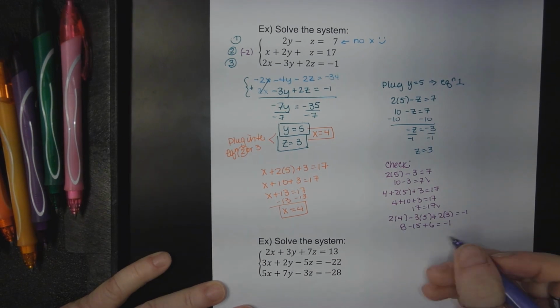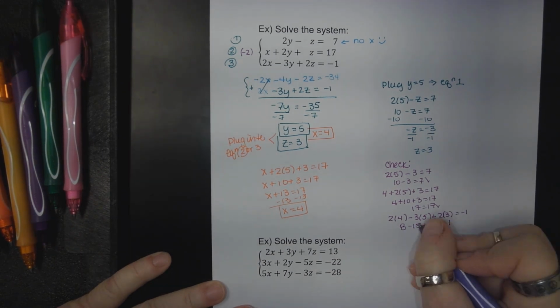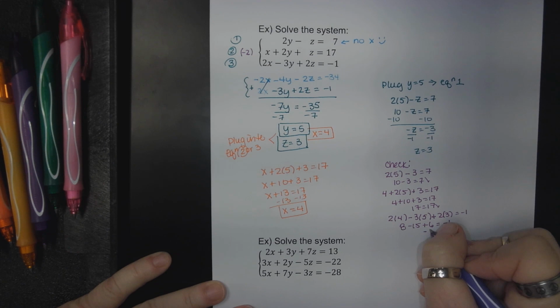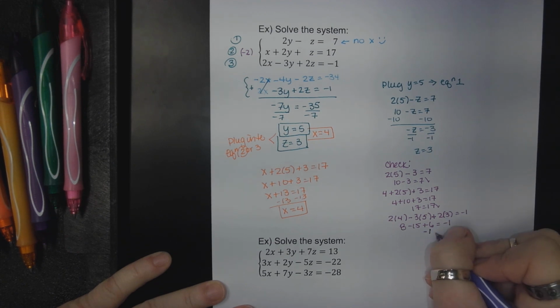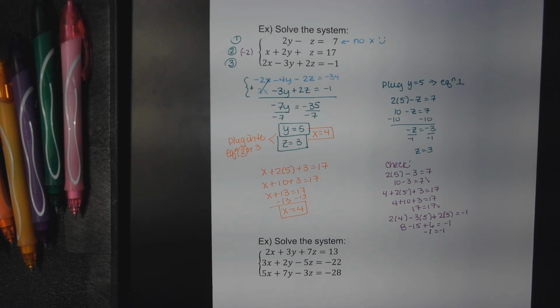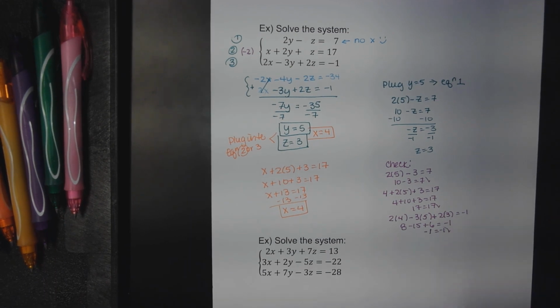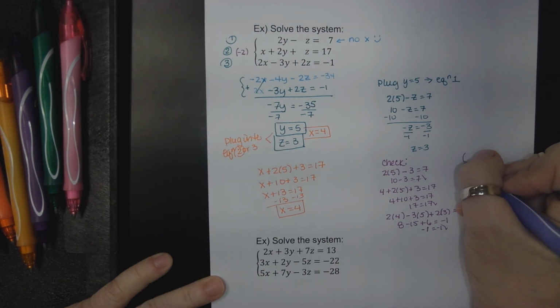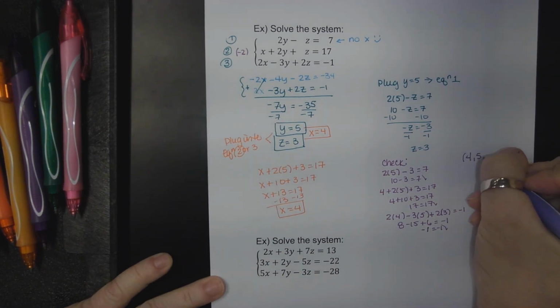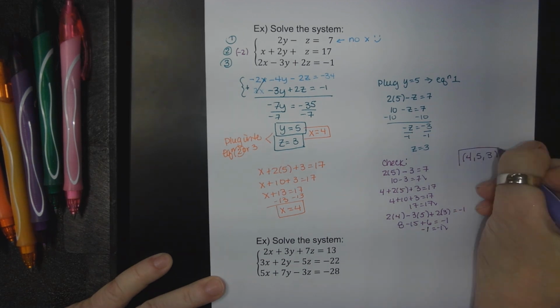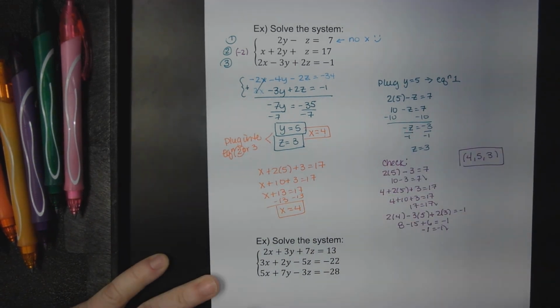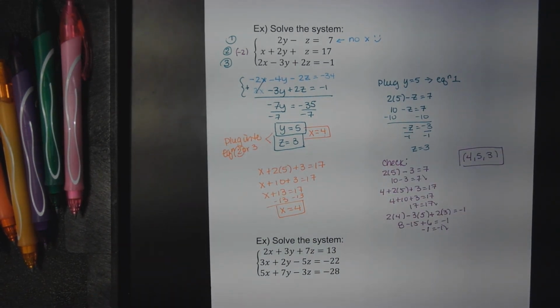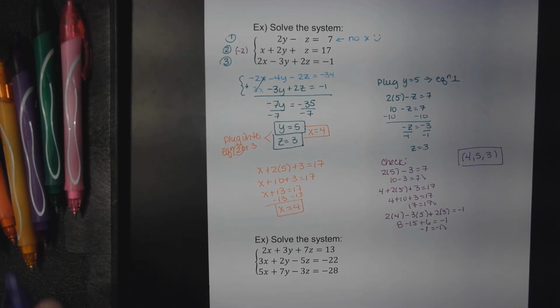Well, 15 minus 14, 1, -1. So we're good. So our ordered triplet would be what? 4, 5, 3. Because your x is always your first place. Okay.